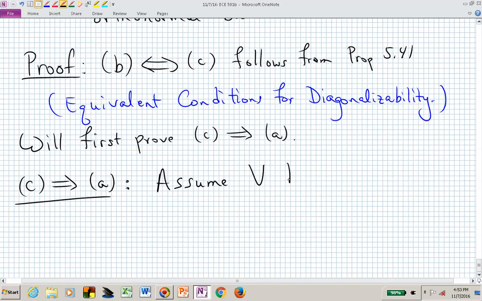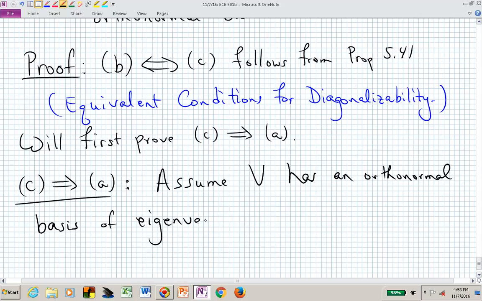Assume V has an orthonormal basis of eigenvectors of the operator T. And if we are assuming orthonormal, we now have a way of normalizing or talking about norms, so we now have an inner product space.